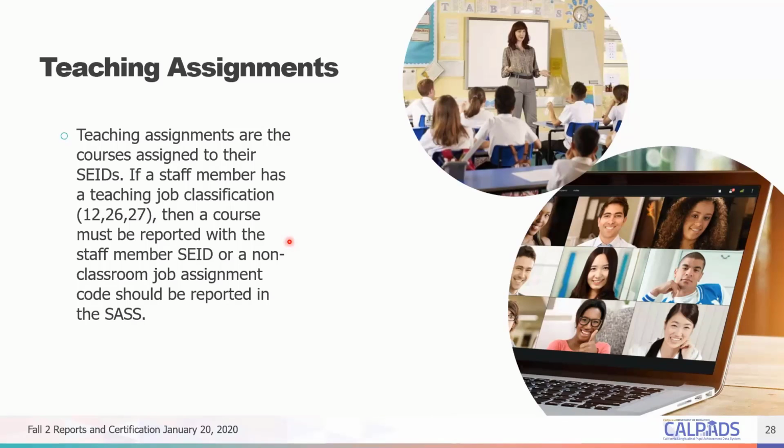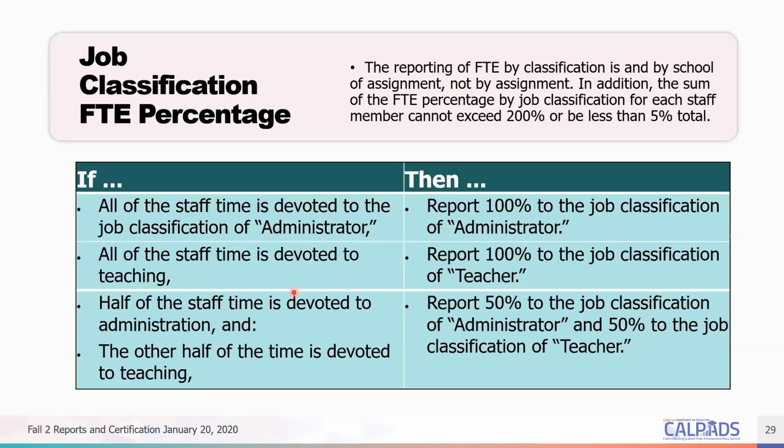You might have to assign a teacher a non-classroom job assignment code if that's also another scenario, but the expectation is there should always be a class assigned to them if they have a teaching assignment. Now, if they're not teaching a class, then of course, by all means, submit a non-classroom job assignment code. So for job classification FTE percentage, you can report a total of 200% for a staff member.